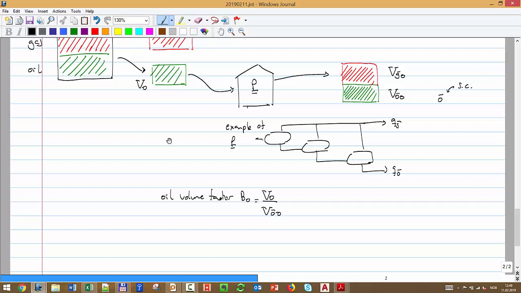So it's a ratio: if I take this oil that I have currently here and take it to surface, then it's going to change. The ratio between these two volumes is what I call BO, and that's a function of pressure and temperature.